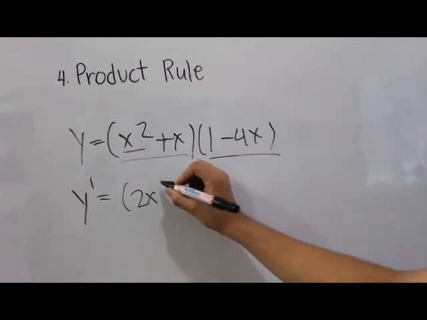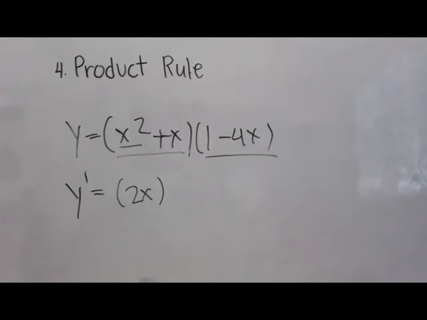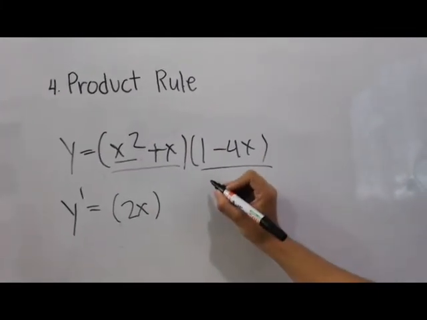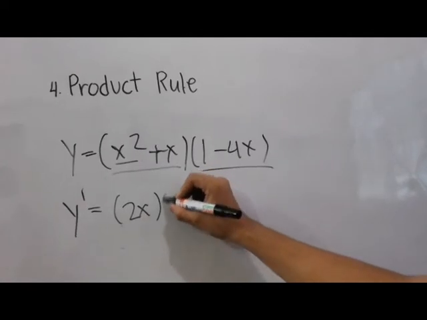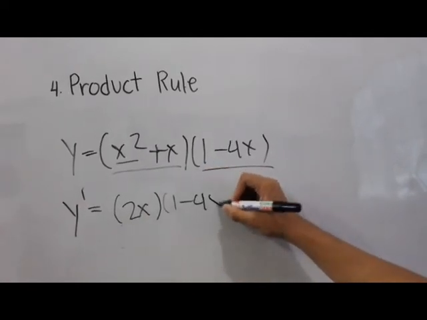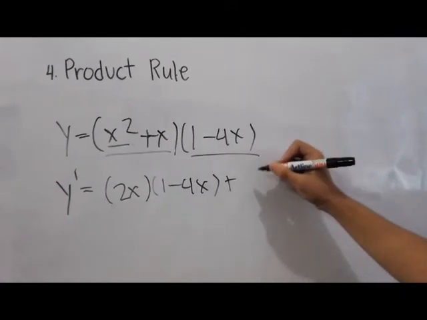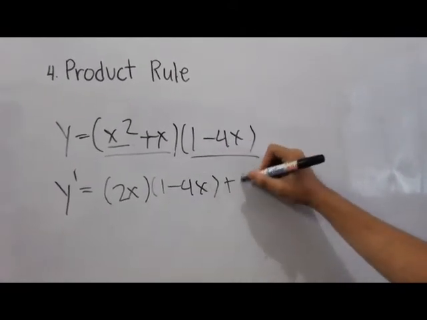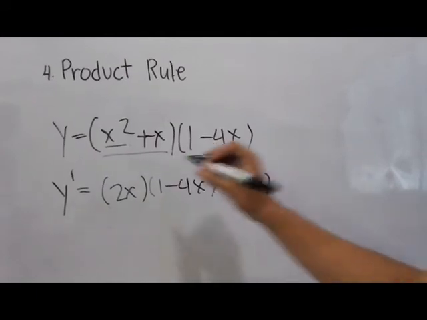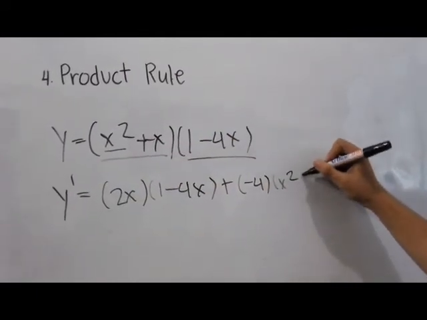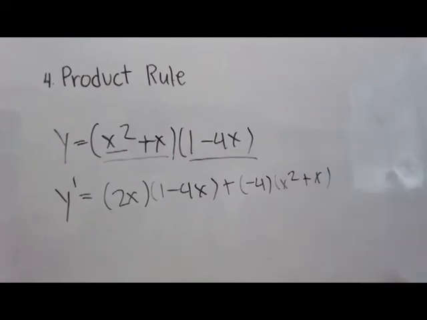But we don't need to put it anymore. Now we have the derivative of the first expression times the second. So we need to have 1 minus 4x plus the derivative of the second expression, which is negative 4, times the first. So we need to have x squared plus x.